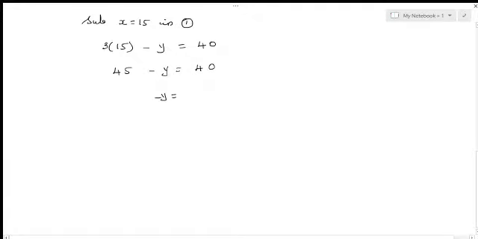When I take plus 45 to the other side, minus 45. Minus y equal to 40 minus 45, which is minus 5. Minus and minus will get cancelled. y equal to 5.